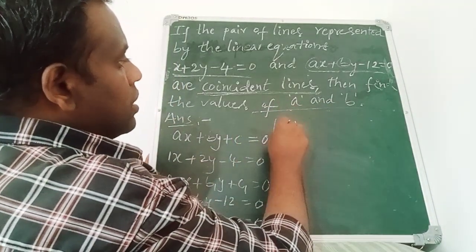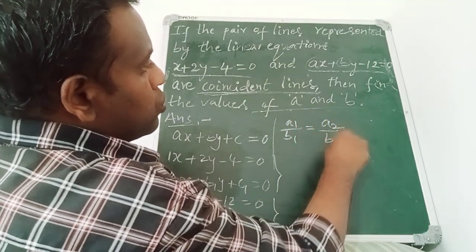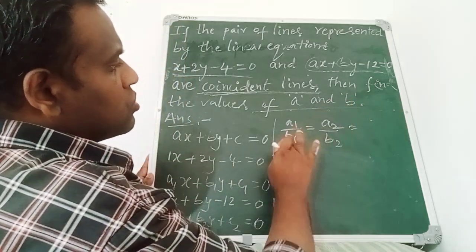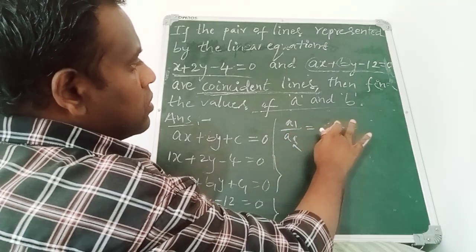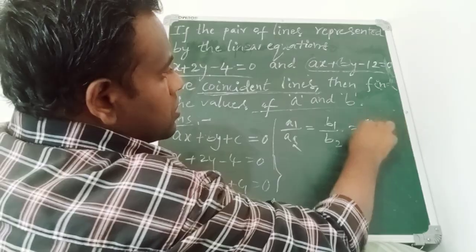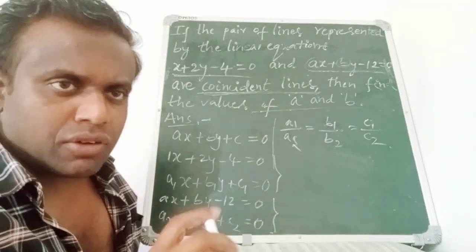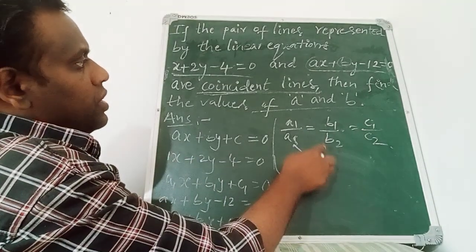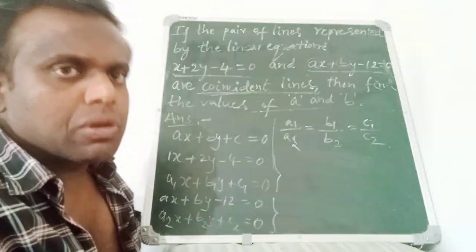So this is the condition, or I can say a kind of formula you have to remember. For coincident lines, this is the condition you have to remember.